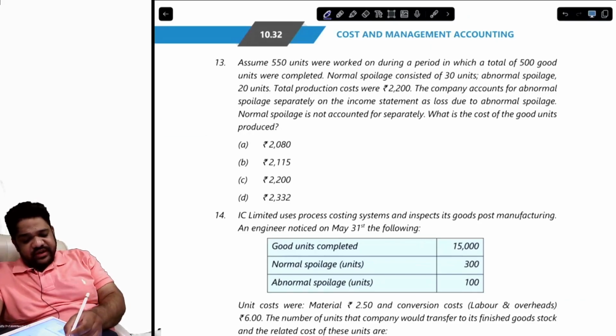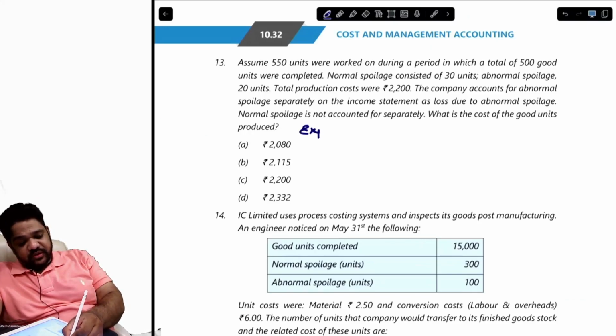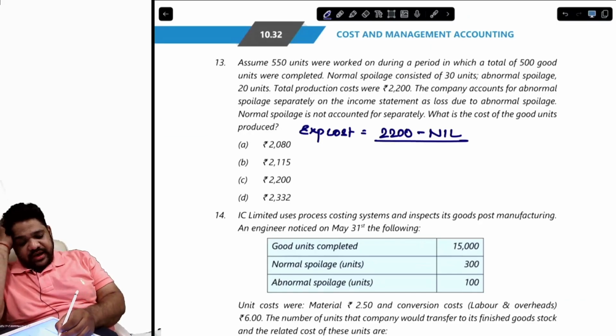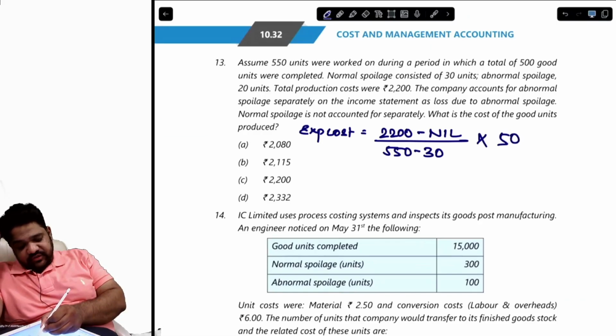Simple. We'll find the expected cost per unit. So the expected cost will be 2,200. They haven't given a scrap value of normal loss, so we'll put down nil. And 550 units minus the normal loss, which is 30. And I think, yeah, this will give us cost per unit into the good units, which are 500.